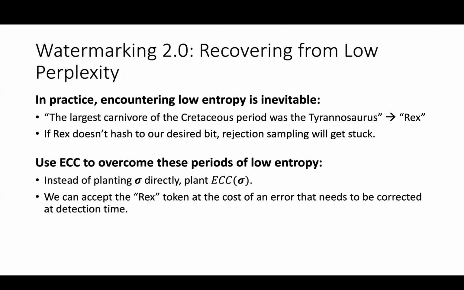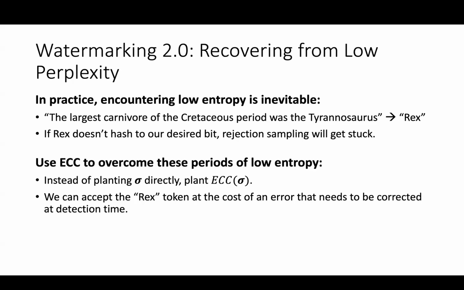But we still need to be able to recover all the bits, unlike the Maryland group's work, where if there was an error, it didn't really matter because they were working with a statistical test. We have to recover all the bits of the signature to get a detection. So instead, we use an error correcting code.